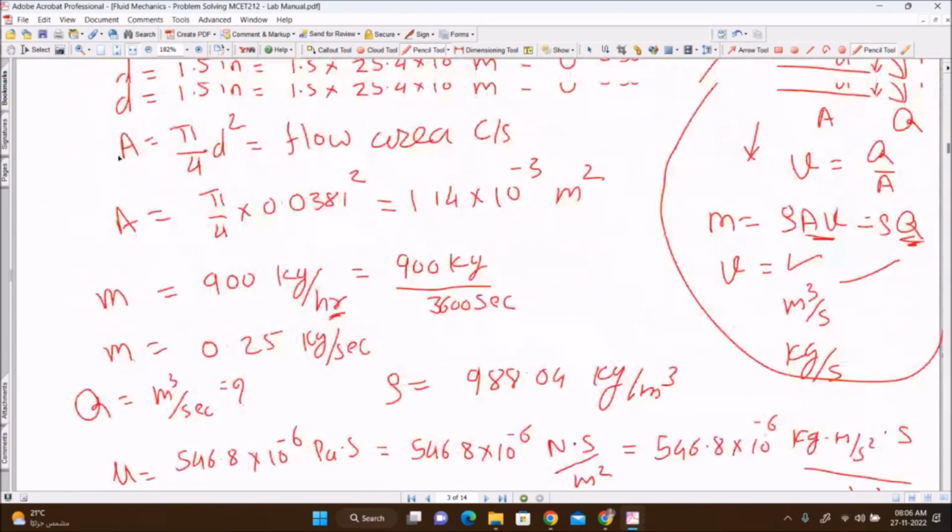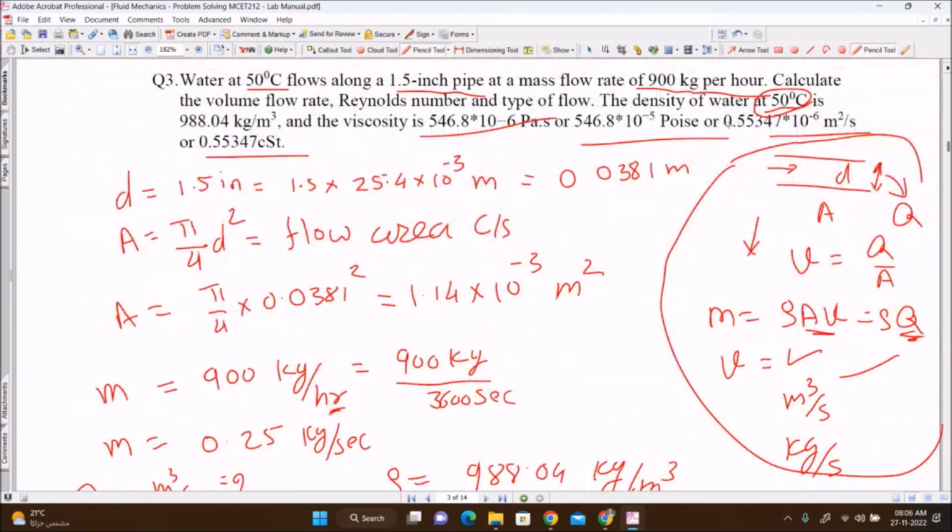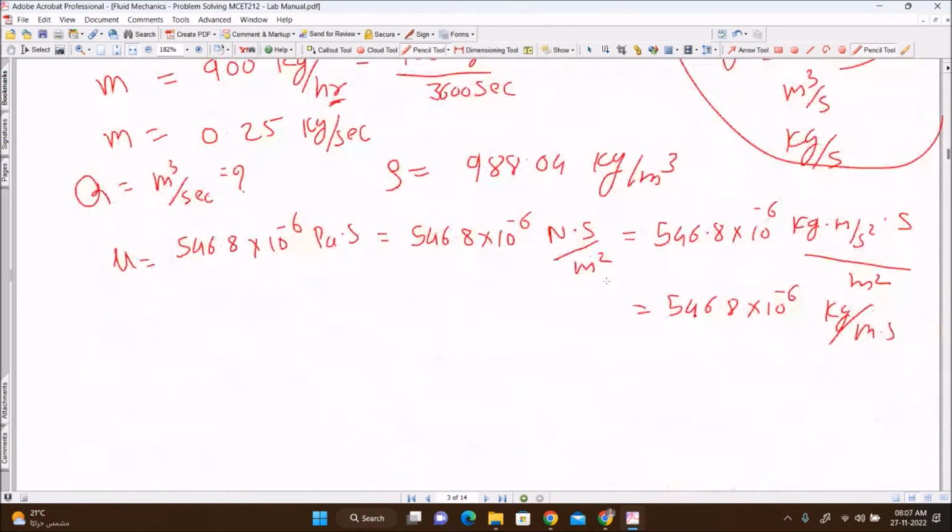Here in the problem, this value is given: 0.55347 into 10 to the power minus 6 meter square per second. Meter square per second means kinematic viscosity is given.